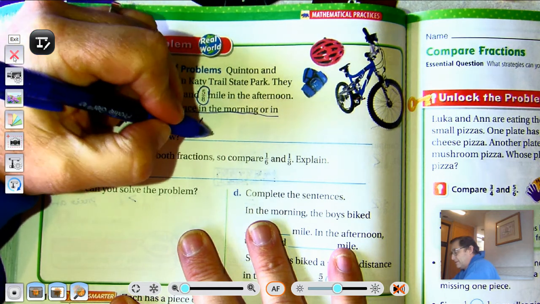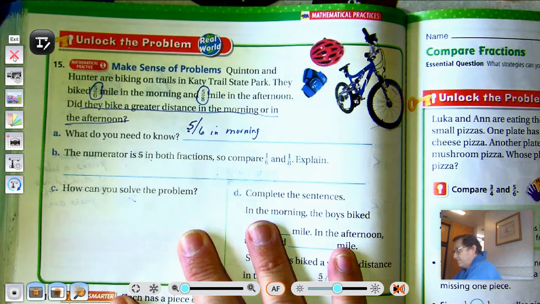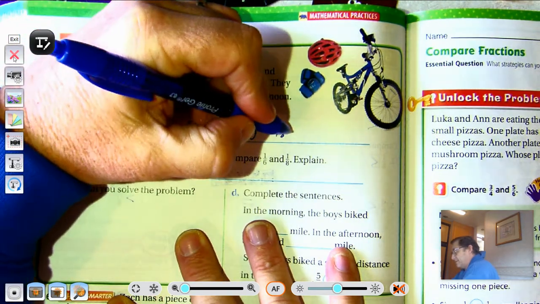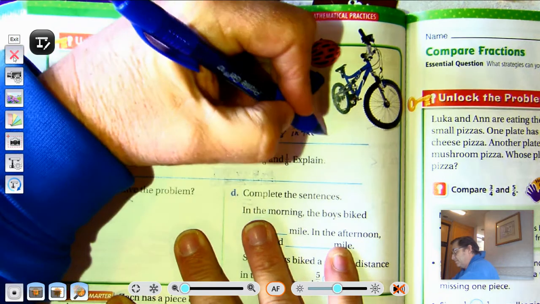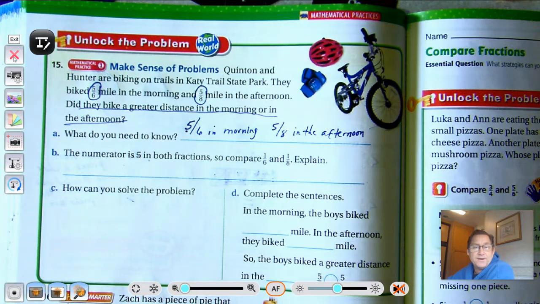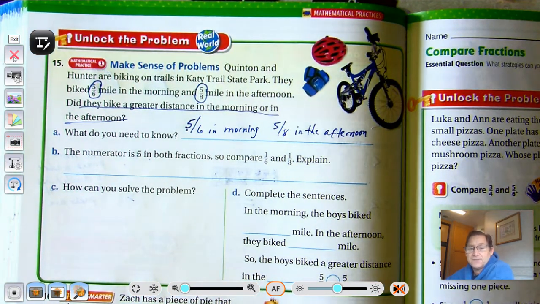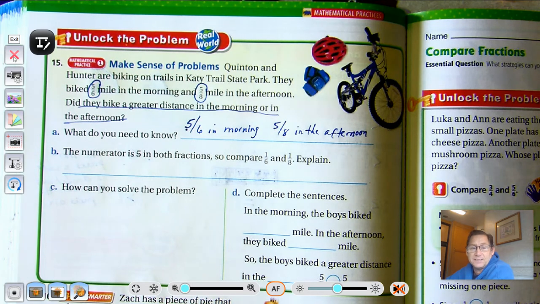Five sixths in morning, 5/8 in the afternoon. The numerator is 5 in both fractions, so compare a sixth size to an eighth size and explain.